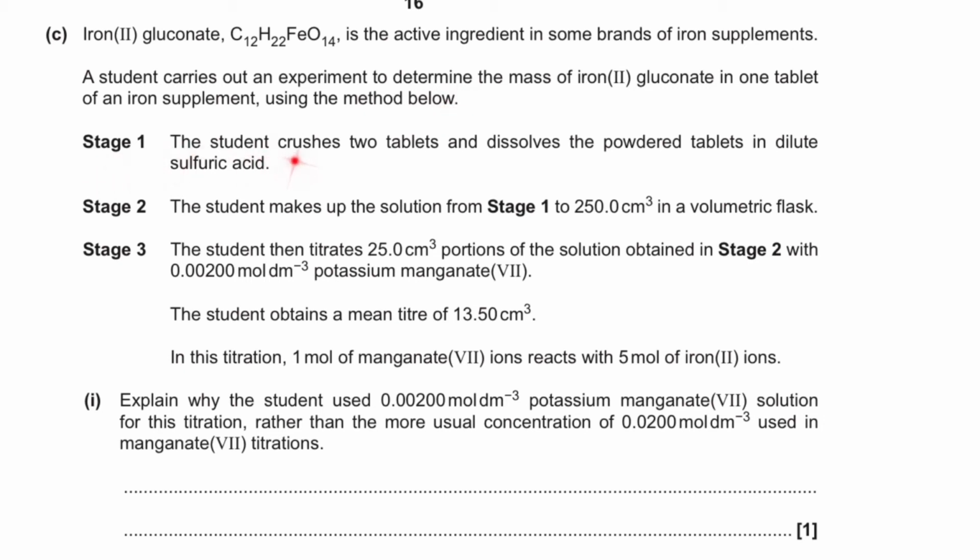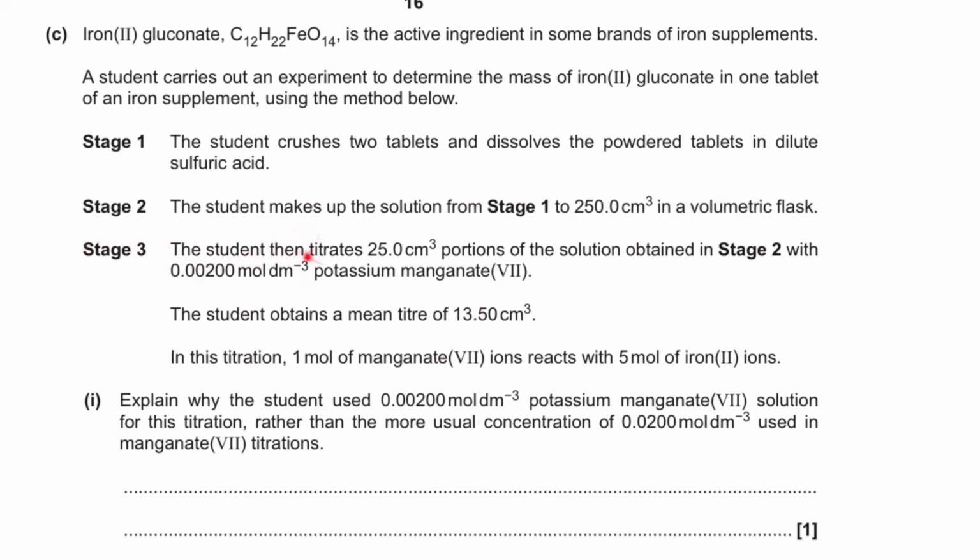Stage 1. The student crushes 2 tablets and dissolves the powdered tablet in dilute sulfuric acid. Stage 2. The student makes up the solution from stage 1 to 250 cm³ in a volumetric flask. Stage 3.